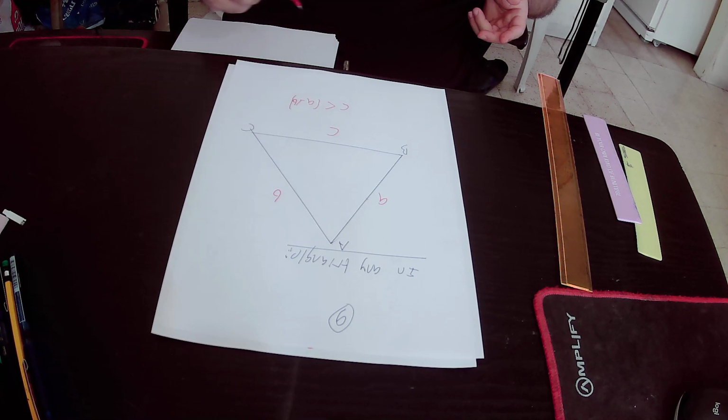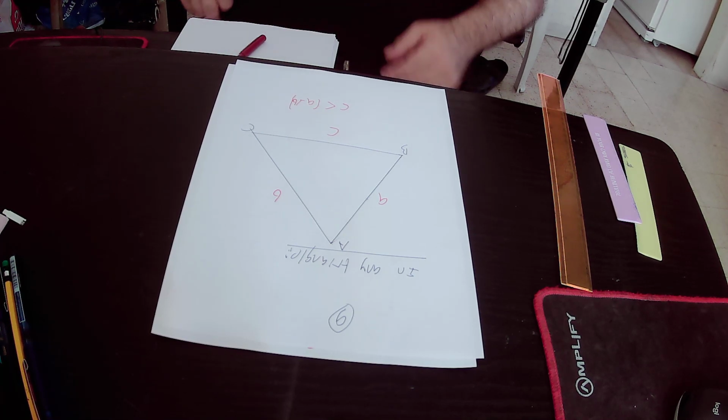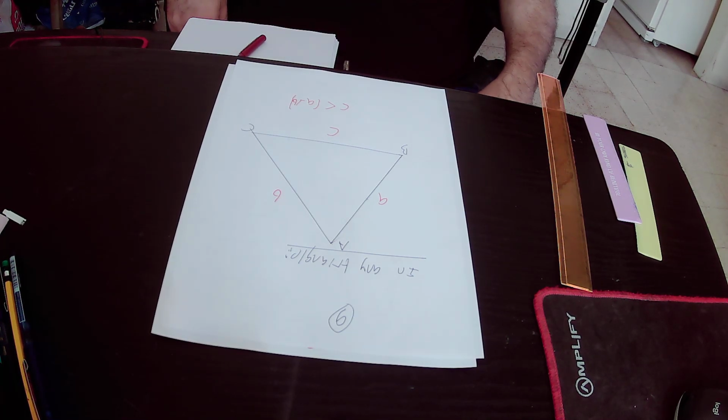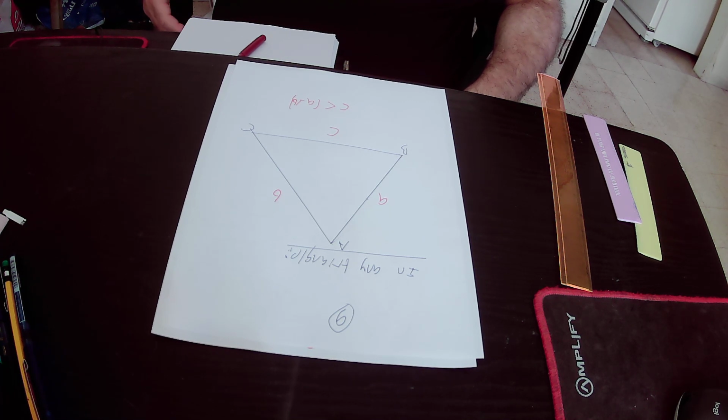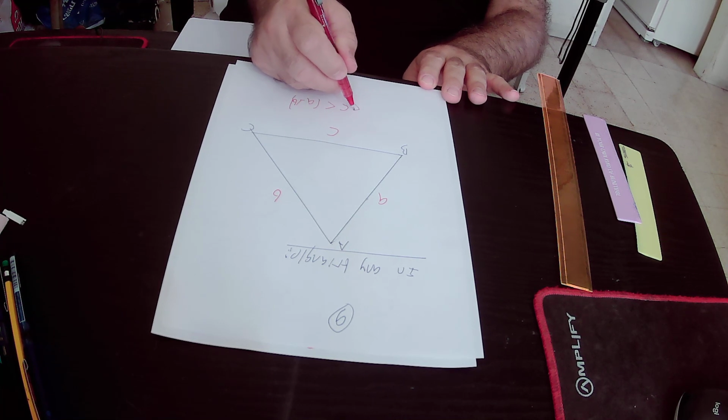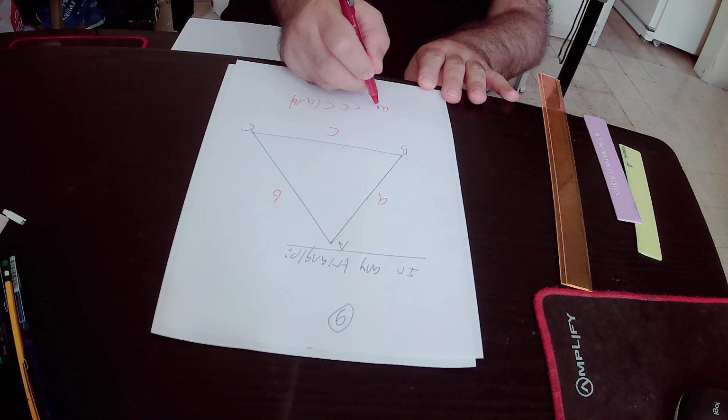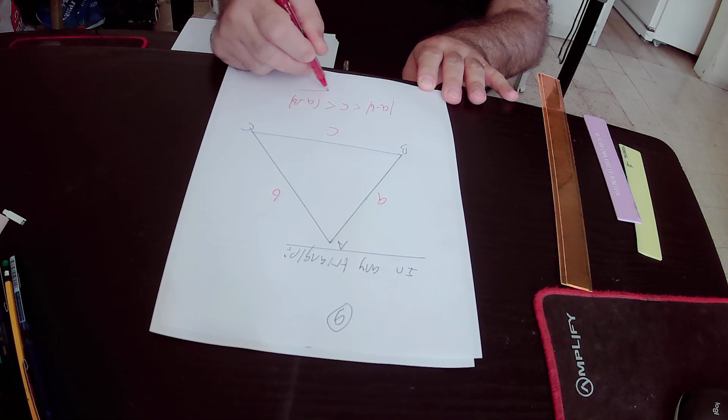And we also know that the difference between the lengths of two sides of a triangle is always smaller than the size of the third side. That is to say, C is greater than A minus B, or the absolute value of A minus B. Okay?